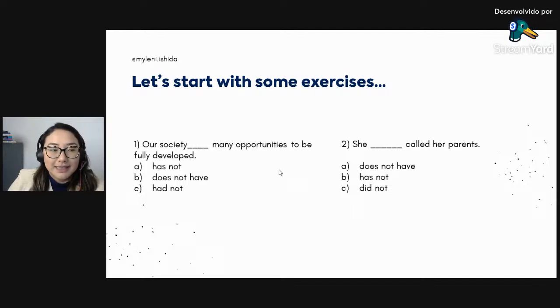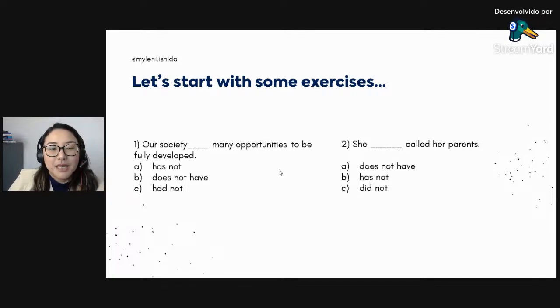Something that I can say to you is pretty common is that for number one, many people will say, "Teacher, I think number one is letter A." But the thing here is, if you put letter A, has not, in this case you are choosing to use the verb have as an auxiliary verb, okay? And after an auxiliary verb in English we have the main verb, okay?